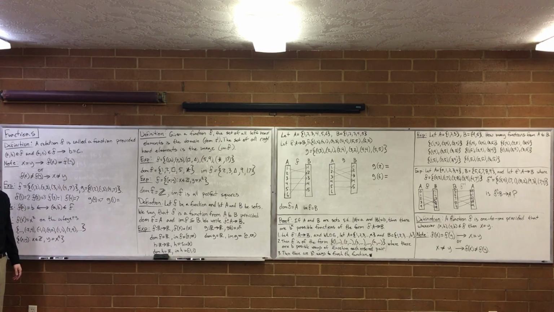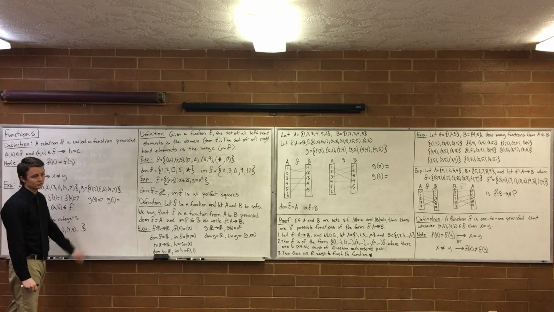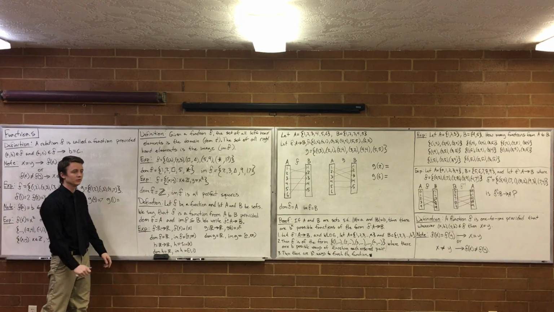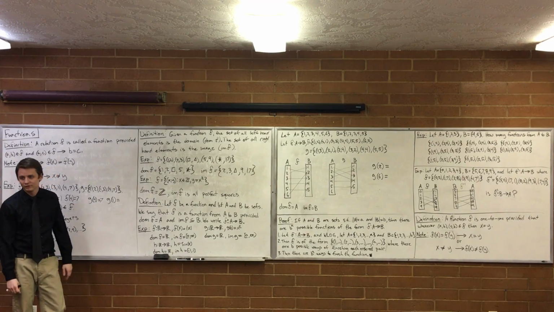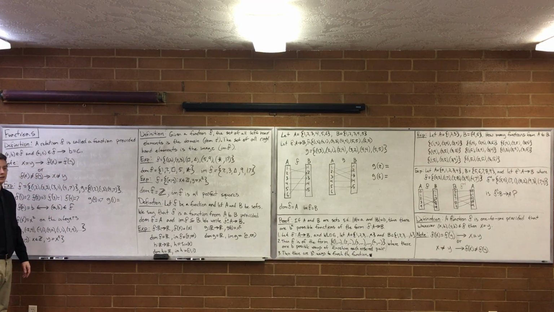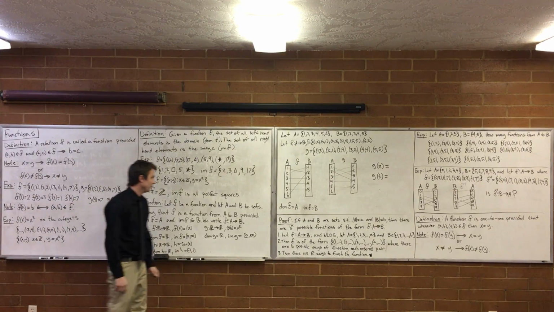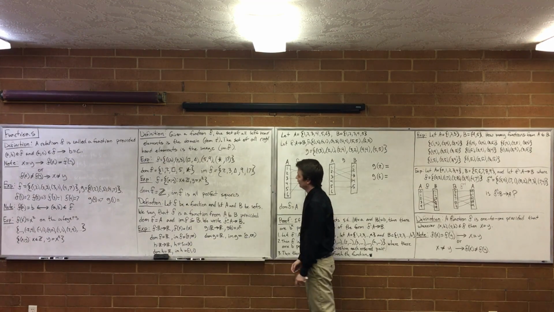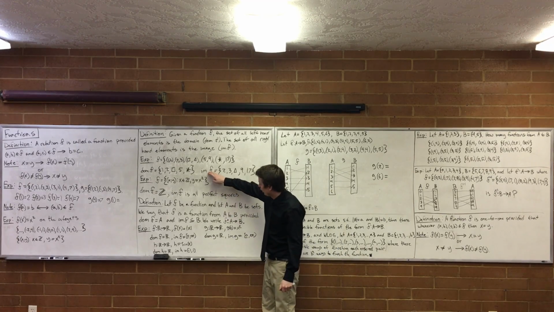Was the image there before range? I don't know. I know that the only time I heard range was in elementary school or junior high algebra. From there on out, as I got into higher maths, it was always the image. Even in the college algebra class, it's range. I don't know why we have multiple words for the same thing, but we do. So we're going to call it the image. Alright.